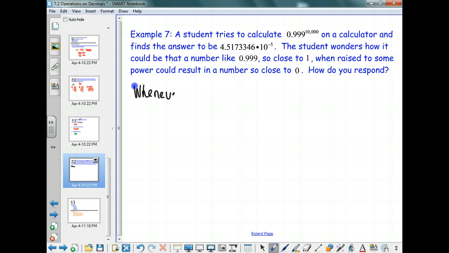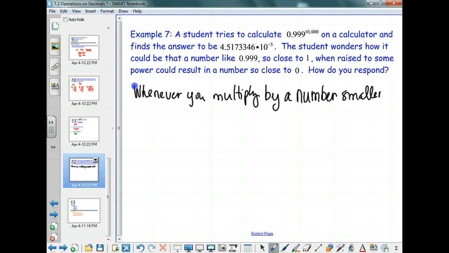Whenever you multiply by, I don't want to use the word fraction because we'll use the word number, a number smaller than 1. And we're talking about positive numbers here. I'm not going to write that, but that's what we're thinking in order to answer this question.